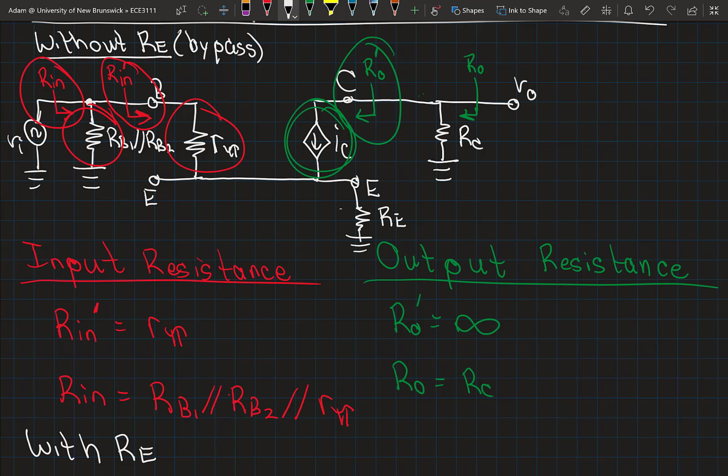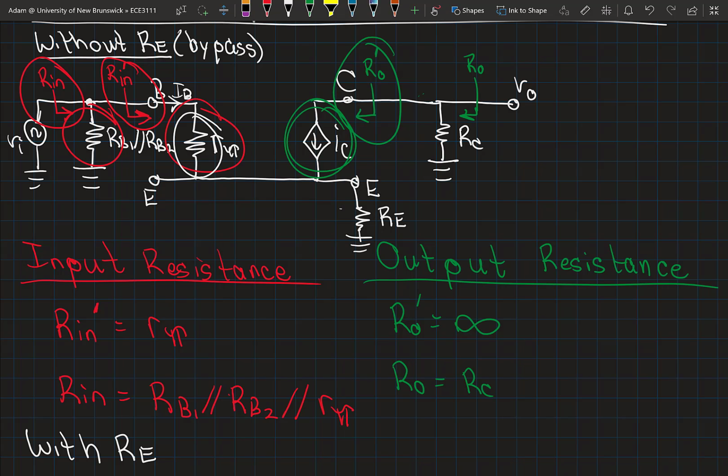Well, this is not straightforward, because looking in from the base, the base current is flowing through R pi, but RE has a different current, IE, flowing through it.